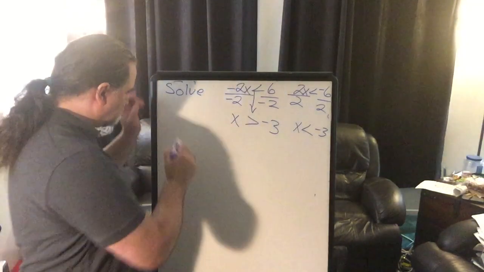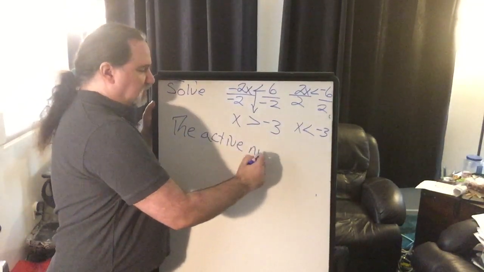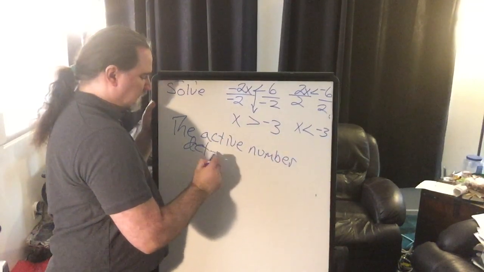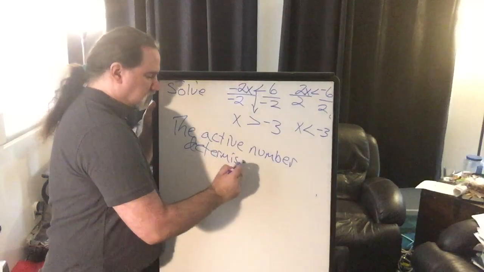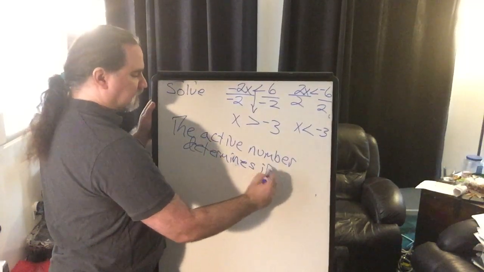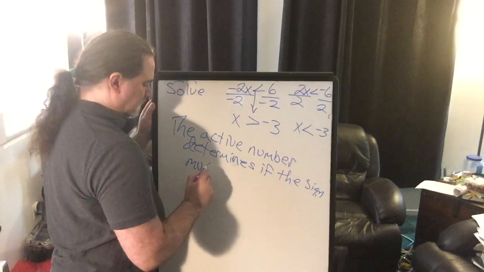The active number, the number that's doing the operation, determines if the sign must change.